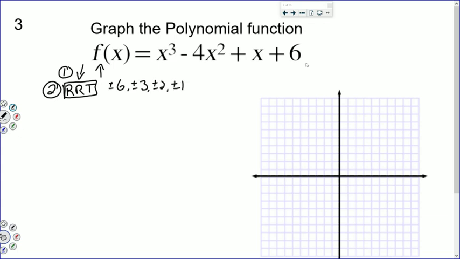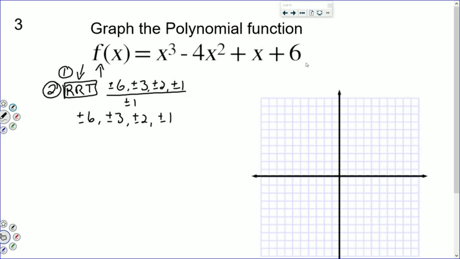Order doesn't matter as long as you have them all listed, over all the factors of the leading coefficient, which is plus or minus 1. So all of our rational roots that we could use are plus or minus 6, plus or minus 3, plus or minus 2, and plus or minus 1.